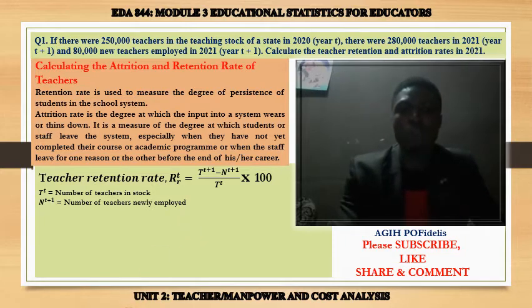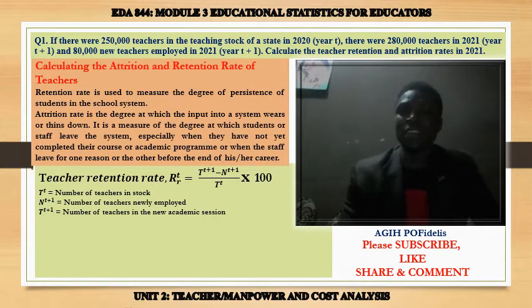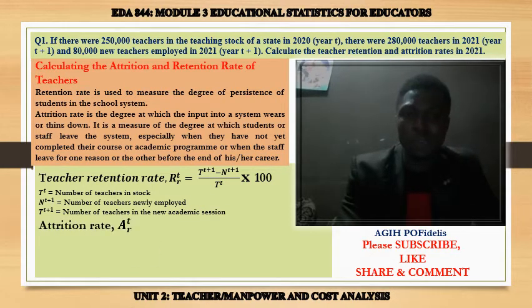Then we have the N raised to the power of T plus 1. This actually means the number of teachers newly employed. And the last term we have here is the T raised to the power of T plus 1, which means the number of teachers in the new academic session.